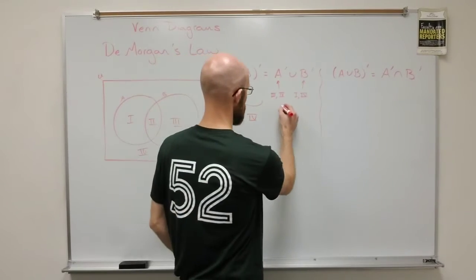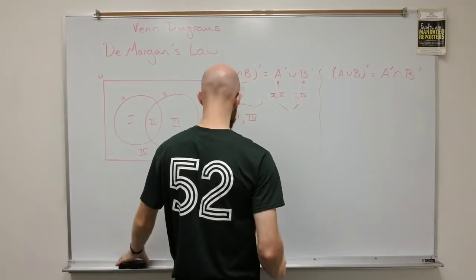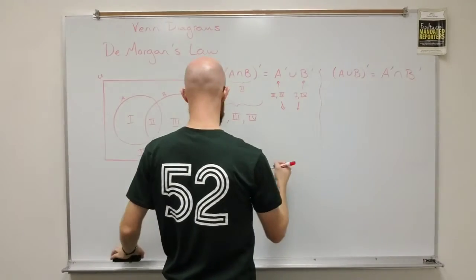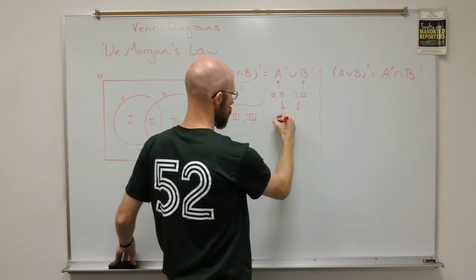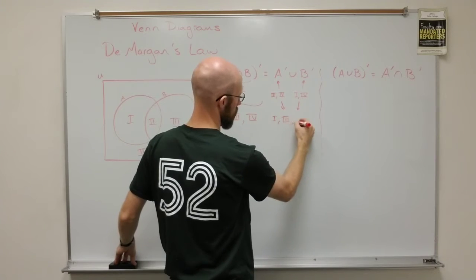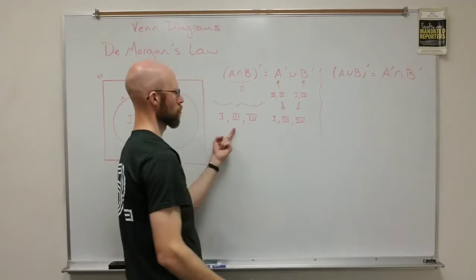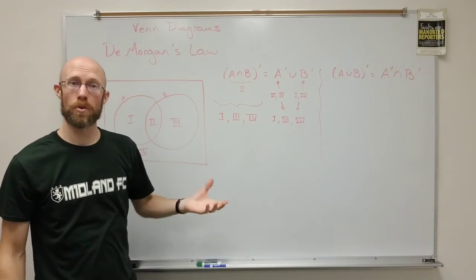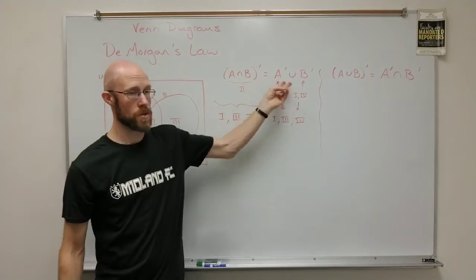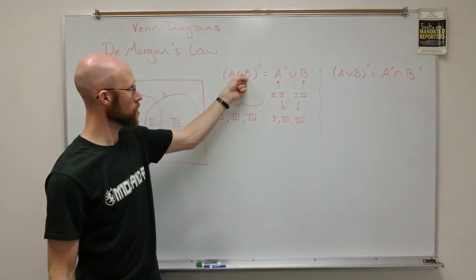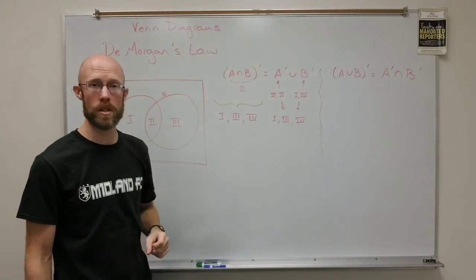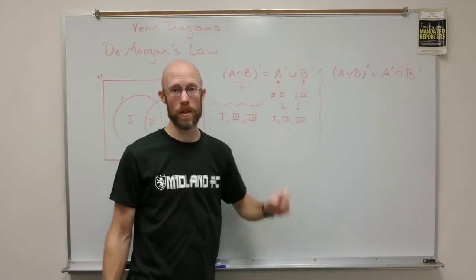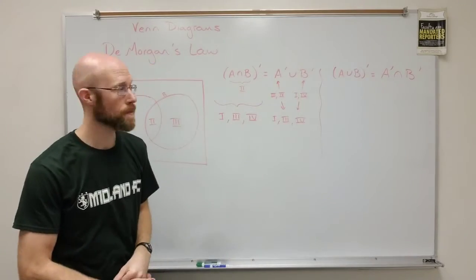So that means together they make up regions 1, 3, and 4, which are exactly the same regions we got before, which proves that the two sets are the same. So the complement of an intersection is exactly equivalent to the union of the individual complements.